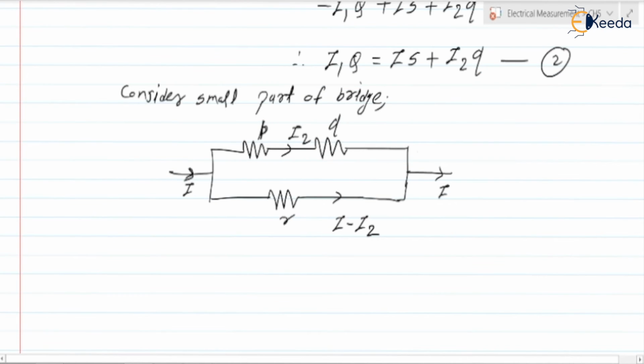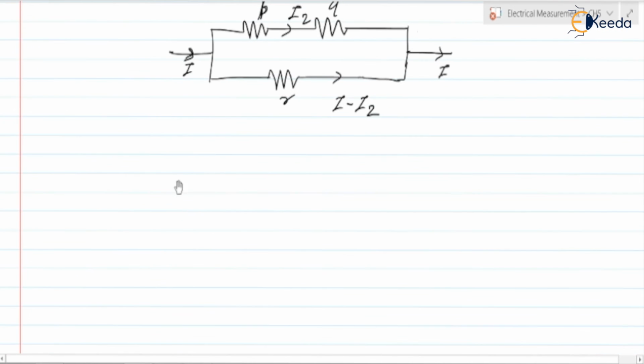Now can we use the current division rule and write the expression for I2? CDR is nothing but current division rule.